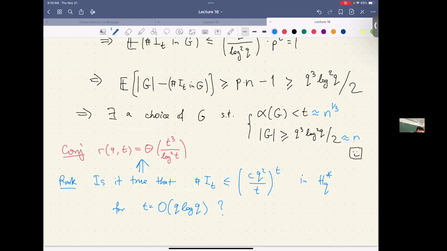And the problematic part is the obstruction. It is the container part, the Lyman-Winston container part. We need this extra log factor. The argument requires an extra log factor.